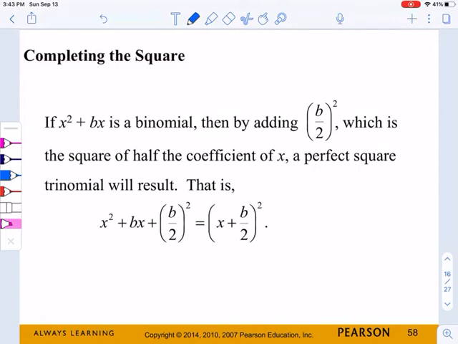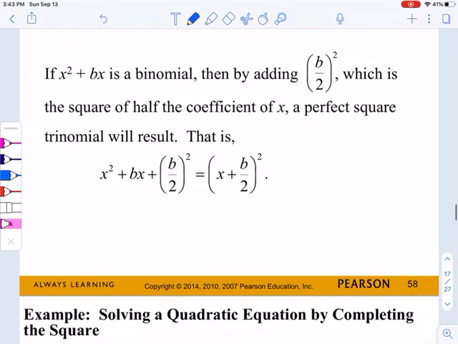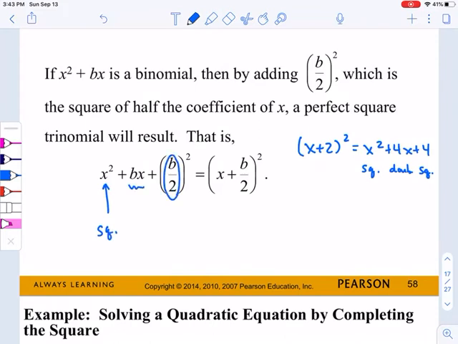If you remember, if I had something like (x plus 2) squared, we were able to say this was x squared plus 4x plus 4. We had that square, the double, and then the square again. That's all that this is saying here: this is a square, and then this would end up being doubled whatever b divided by 2 was.